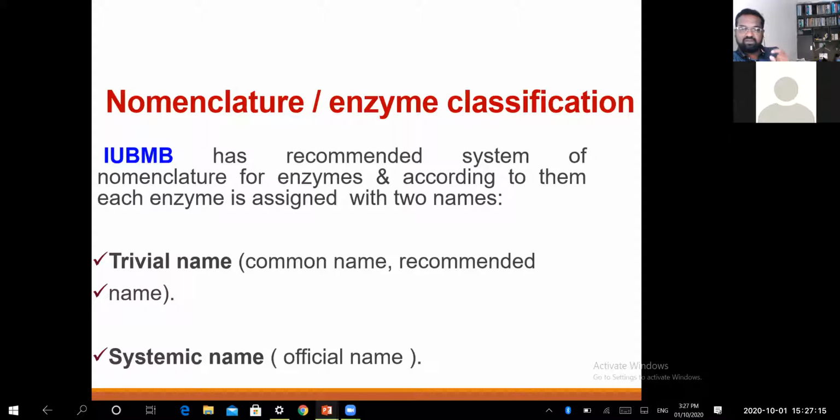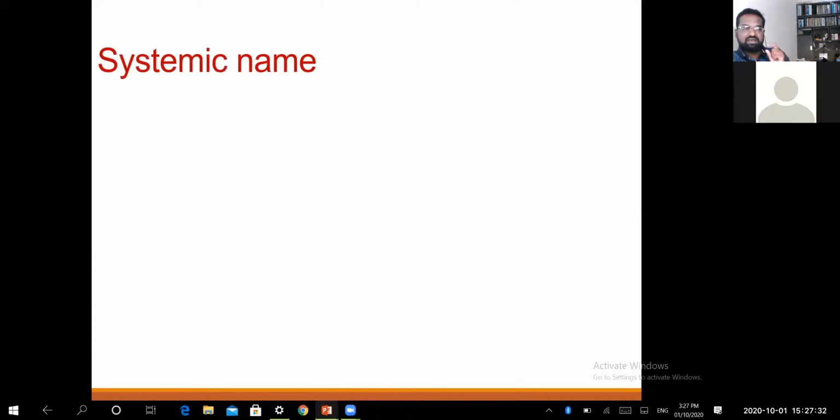Wherever you go, whatever literature you cite, whichever author or researcher you refer, the systemic name of an enzyme molecule will remain the same. It will never change. Okay, so that is the systemic name.